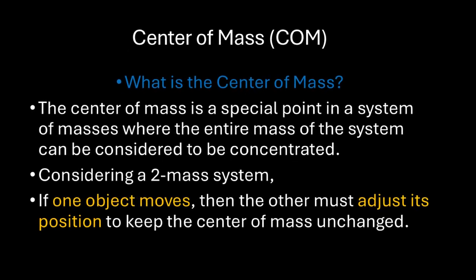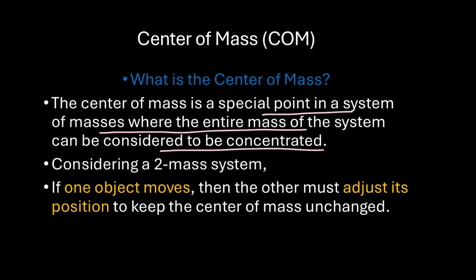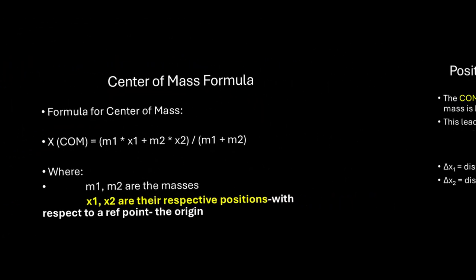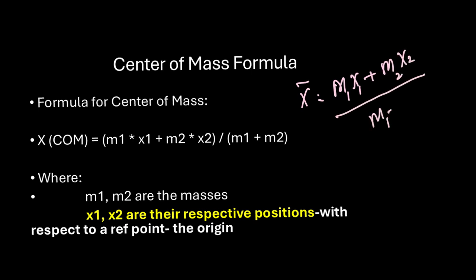So we know that the center of mass is actually a point in a system where the masses of the entire system can be considered to be concentrated. For a two mass system under consideration, we know that the center of mass x bar can be written as m1 x1 plus m2 x2, the whole divided by m1 plus m2, where m1 and m2 are the respective masses of the first and the second body.